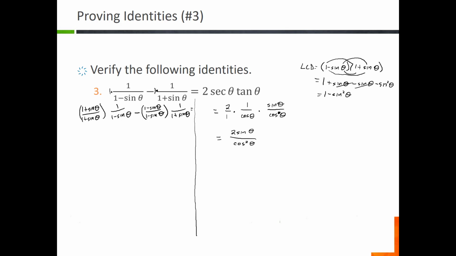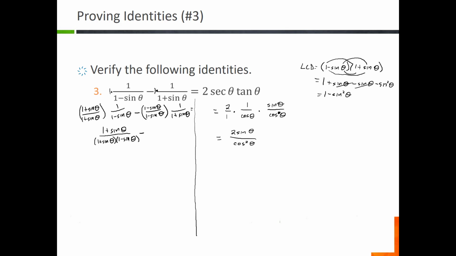Okay, so that's equivalent to the statement above. It's equal to it. If we multiply out the numerator for the first part, we have 1 plus sine theta times a 1, which is just 1 plus sine theta. In the denominator, I'm taking 1 plus sine theta times 1 minus sine theta, but we've already computed that, so we know what it's going to be.